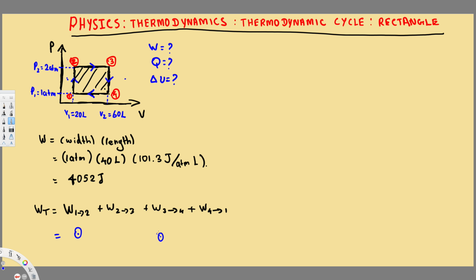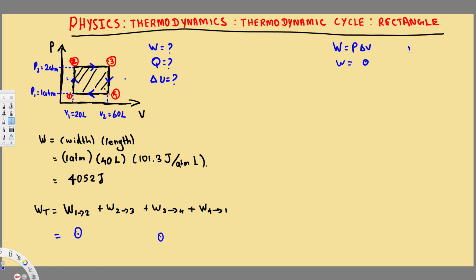If you want to know the reason, there are two ways we can explain this. If you use the equation W equals P delta V, we know the initial and final volume are the same, and delta V is 0 because V2 minus V1 is delta V, right? So if delta V is 0, the whole thing is going to be 0. That's one way to explain.